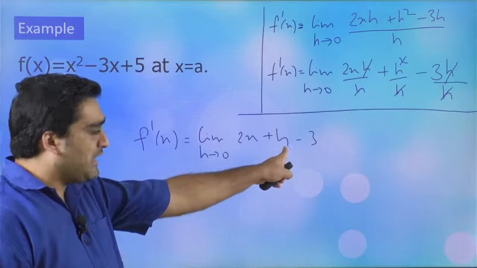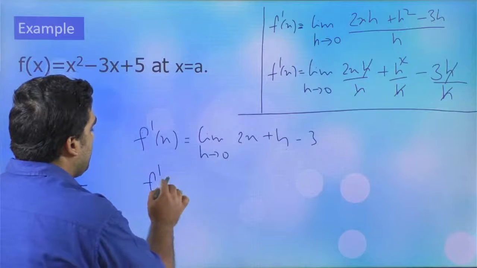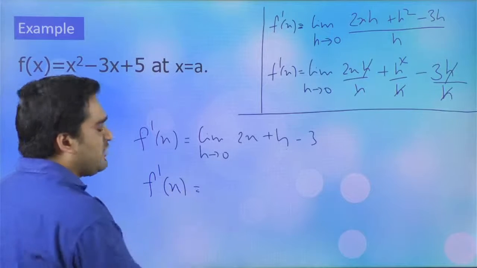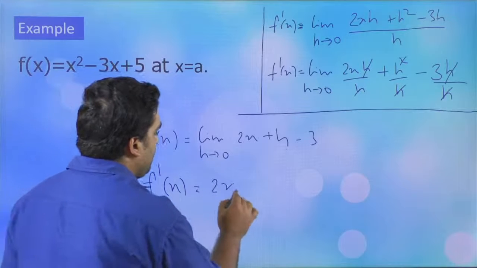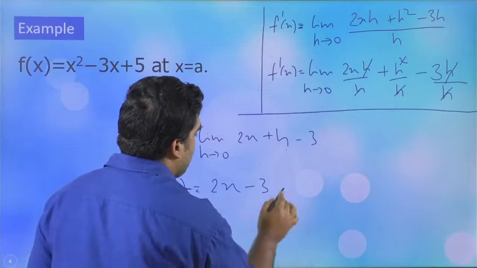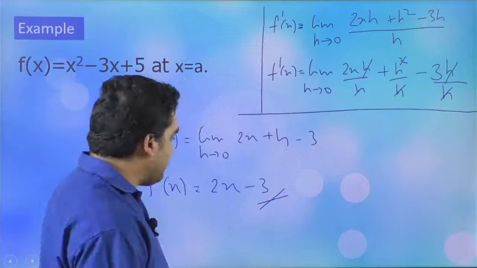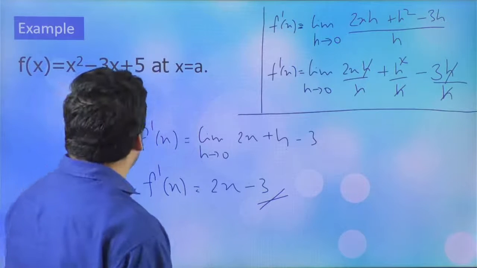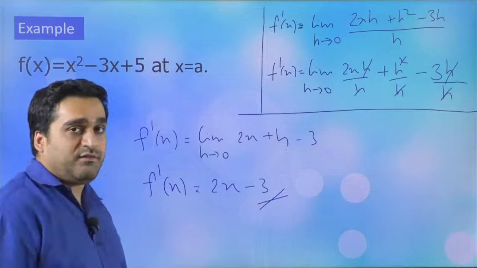So you put the h value as 0, because it is so insignificant that you can almost approximate it to 0. And what you're left with is 2x minus 3, which happens to be your answer, or the derivative for the given equation f of x equals x squared minus 3x plus 5.